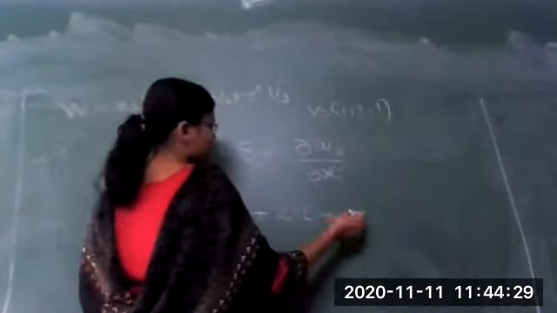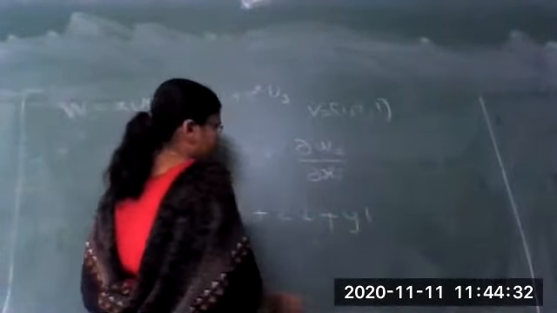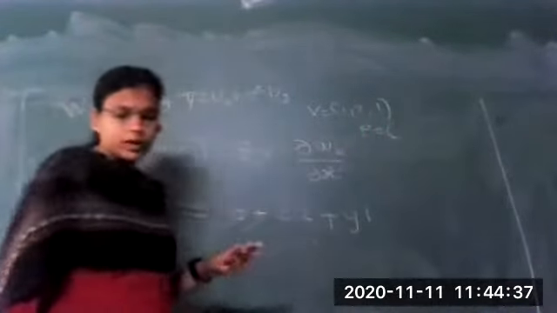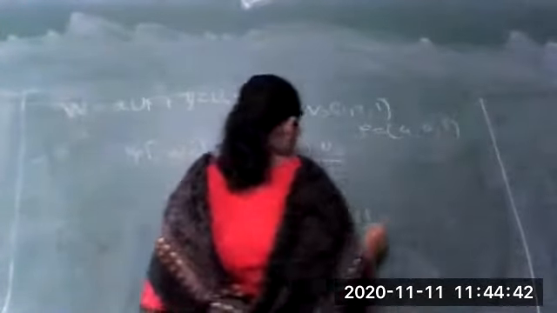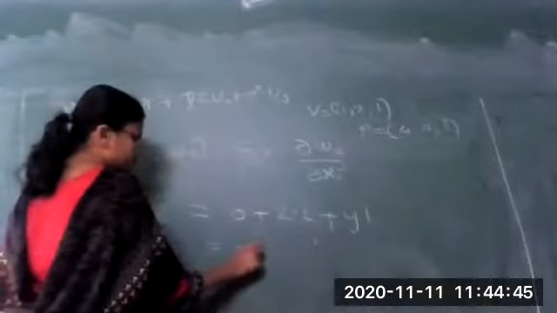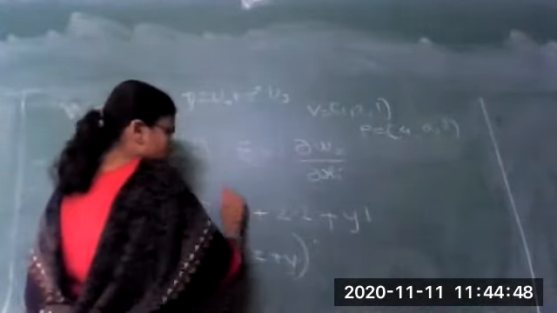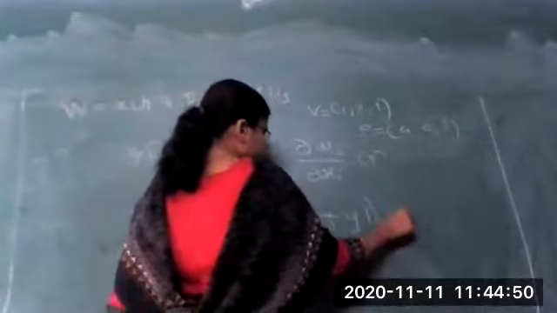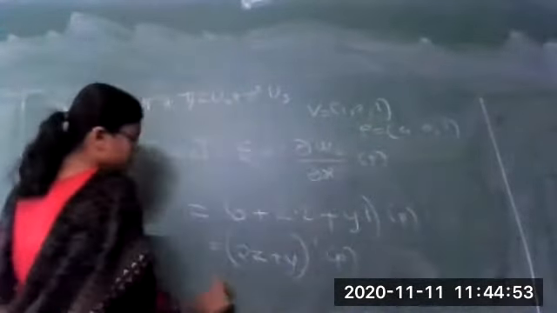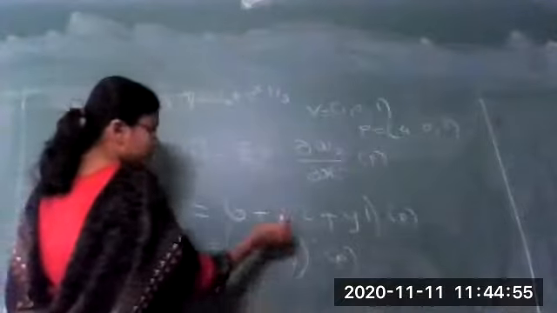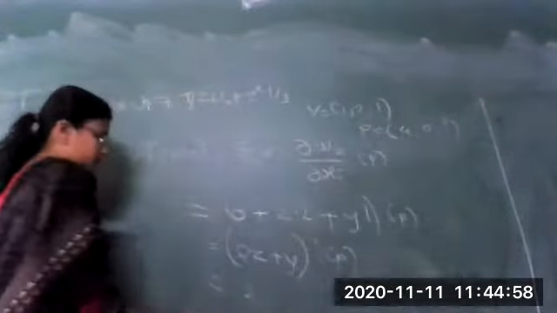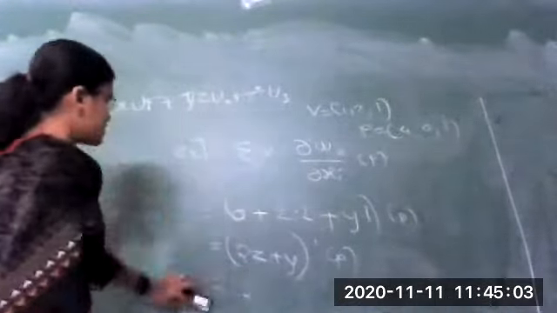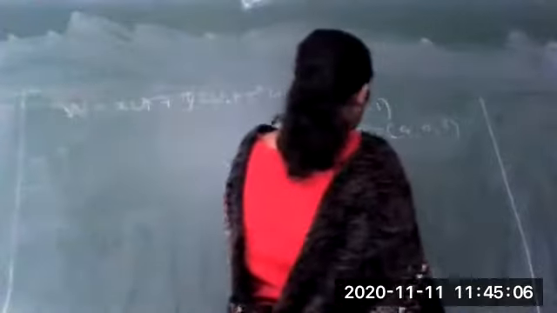The derivative with respect to z is y, times 1. So we get 2z plus y, but we have to evaluate it at the point P, which is (4, 0, 1). So 2 times 1 plus 0, and the answer is 2. So V_P W1 is 1 and V_P W2 is 2.